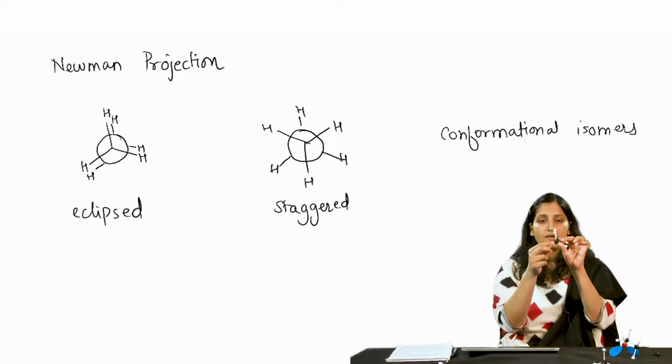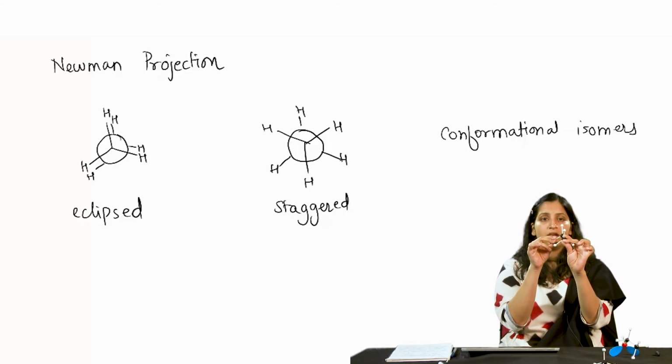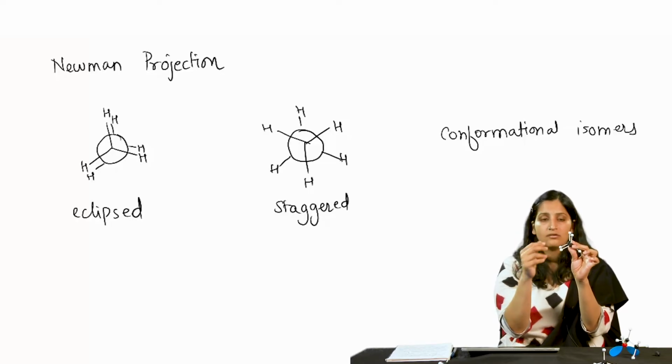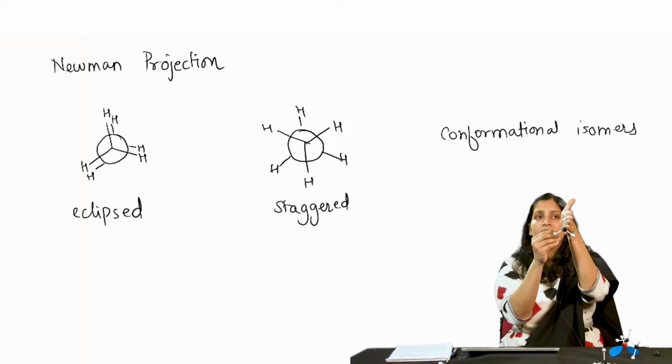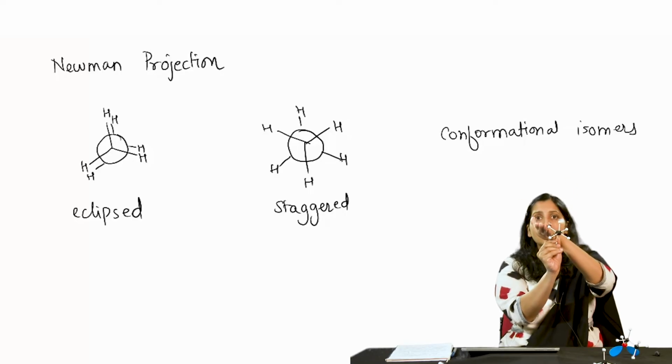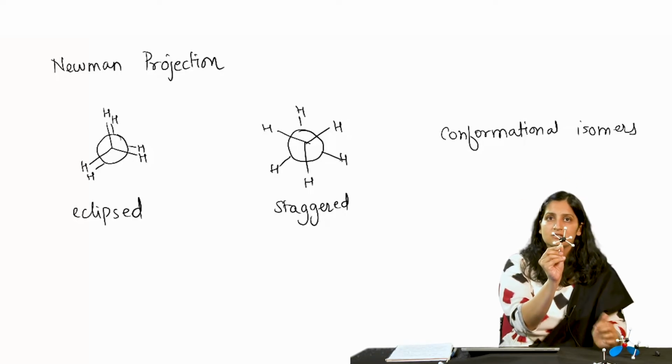So, for example, right now the dihedral angle between the two planes is 0, meaning that it is all in the eclipsed fashion. Now, if I slowly rotate this back carbon, the dihedral angle between this plane and this plane will get to 60 degrees.